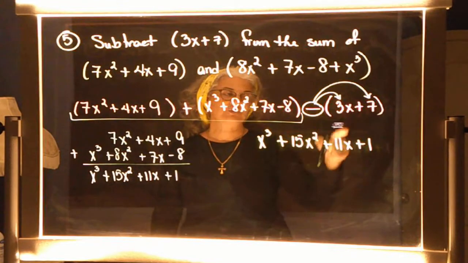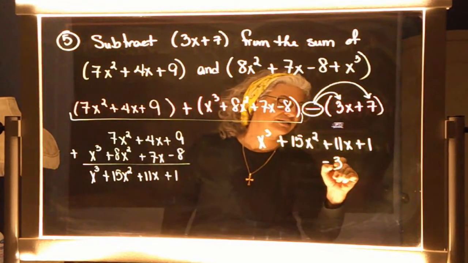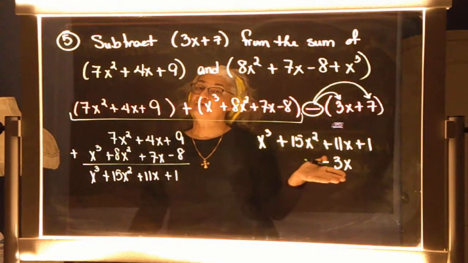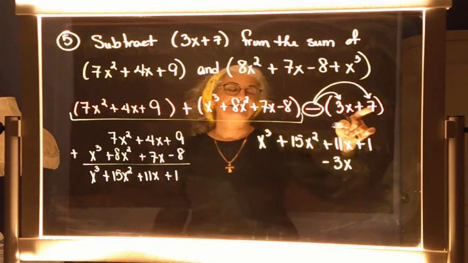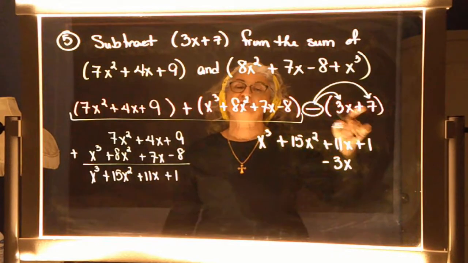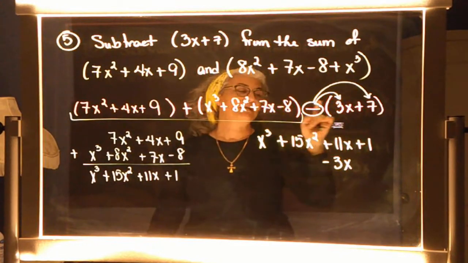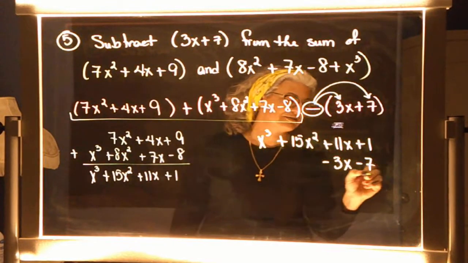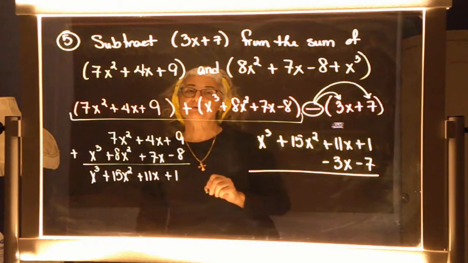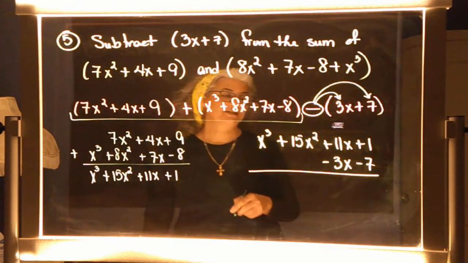Yeah, x goes under x, so it has to go under the 11x, because those are both just x's, right? And then that 7 is what sign? Good, minus, negative. And it goes under the 1 because the 1 doesn't have an x and neither does the 7. Cool? All right, let's take care of this.